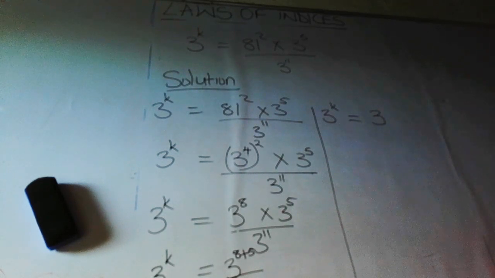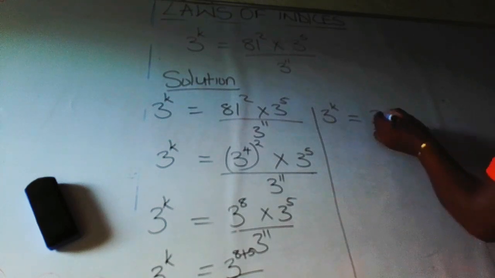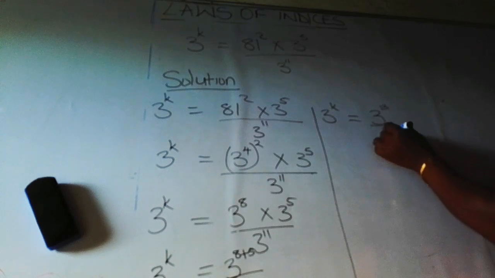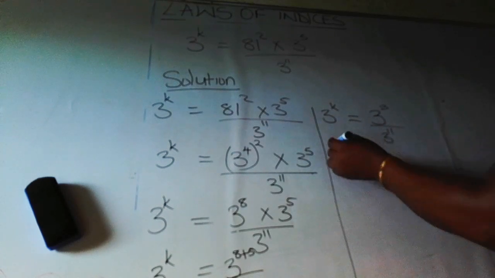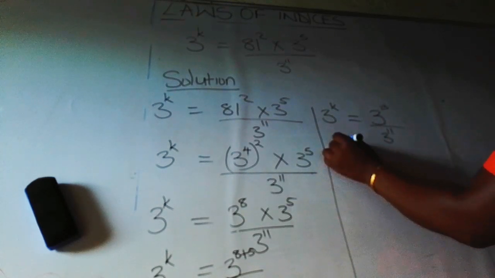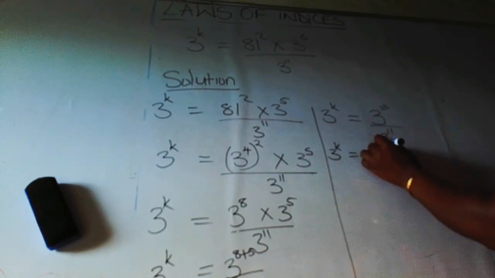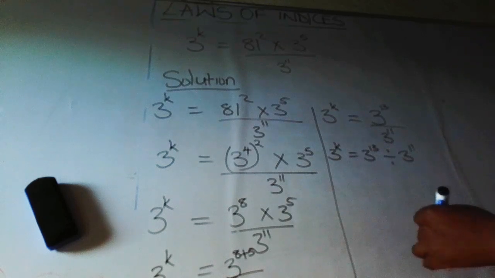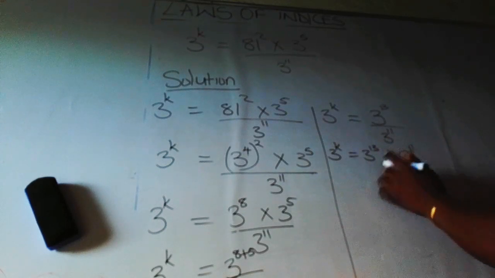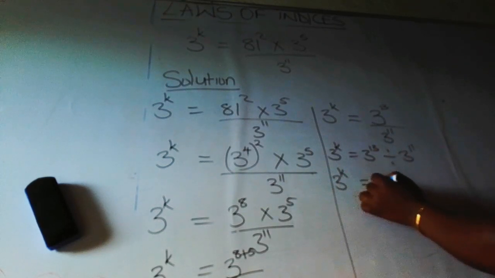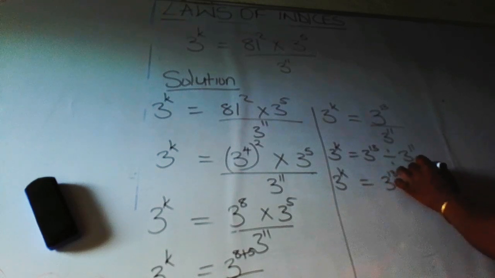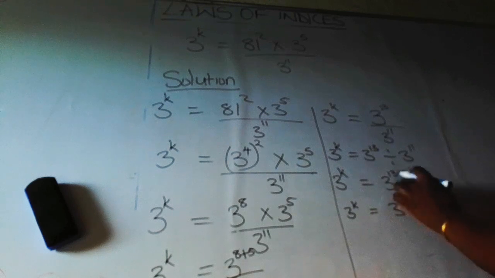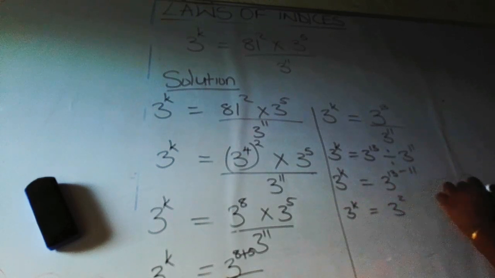So it's 3 to the power of 13 over 3 to the power of 11. Going back to our laws of indices, we now have 3 to the power k is equal to 3 to the power 13 minus 11.